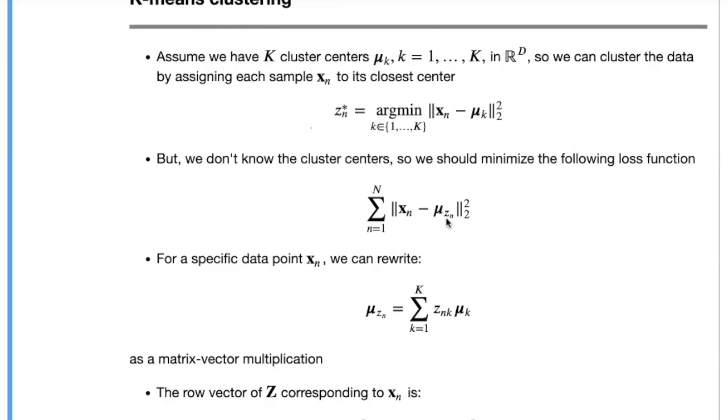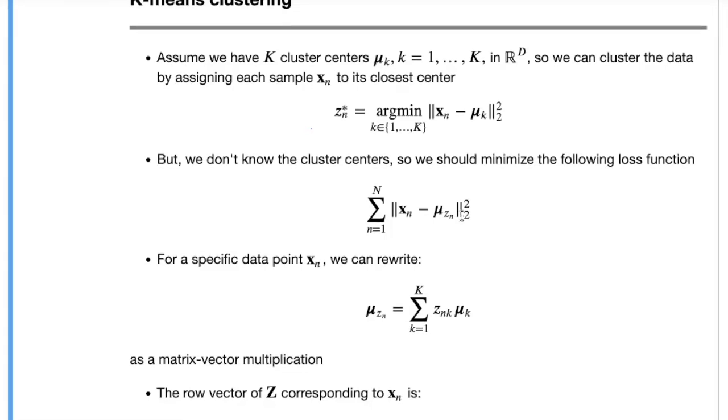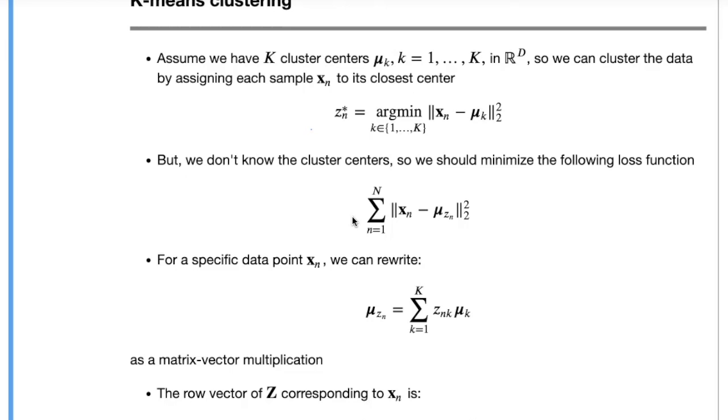So when I say mu_zn, the z_n here is one of these numbers from 1 to K. So it tells us the closest cluster center to x_n, and we're going to subtract these two vectors, and this is like our residuals or the distance, and then we square this and we add them all together. And obviously we can divide by N if you want to normalize this, but it's not very common to do this when we are working with k-means clustering.